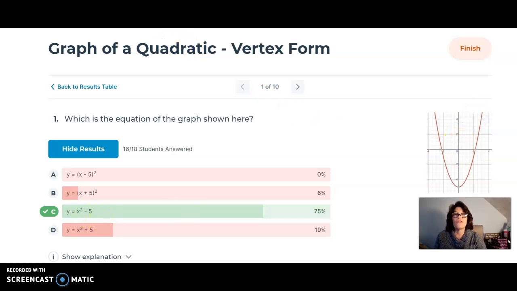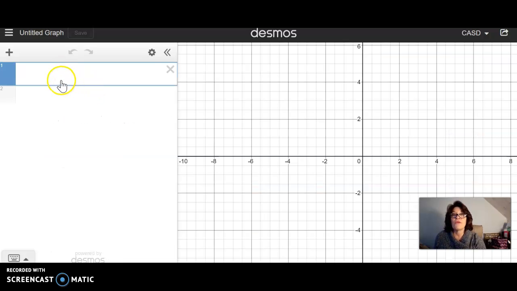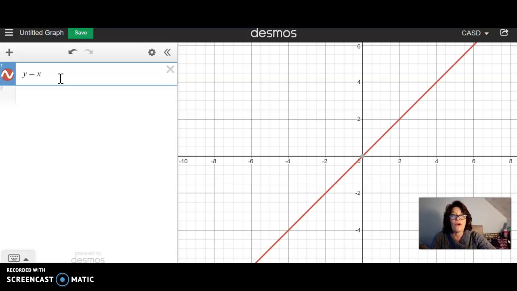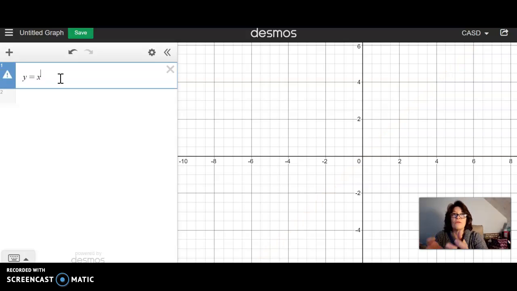I also wanted to remind you, if you're not sure, you can graph it. You're welcome to use Desmos anytime, guys. You can go to Desmos and type in y equals x. You have to use the up arrow, which is right above the 6. You go shift 6, and it'll move up to the exponent, x squared.